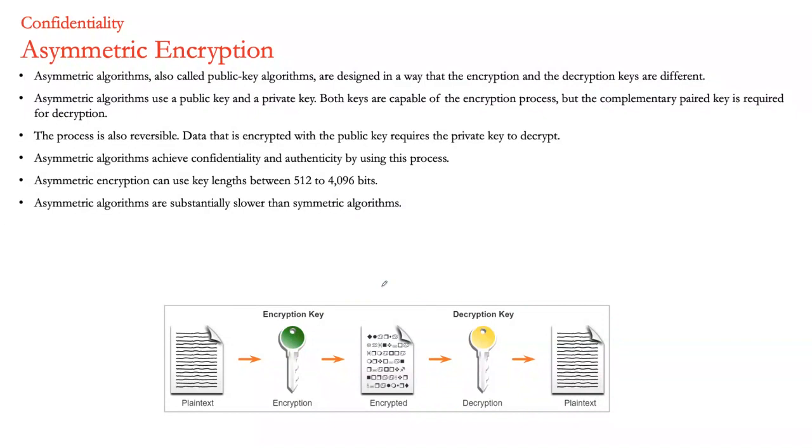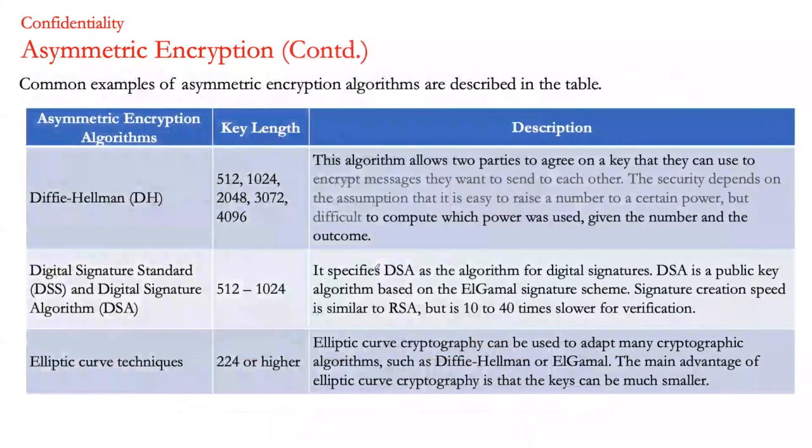That's why asymmetric key algorithms are substantially slower than symmetric encryption algorithms in achieving the confidentiality of your data. The most used asymmetric encryption algorithm is the Diffie-Hellman algorithm. We use key lengths from 512 bits to 4096 bits.